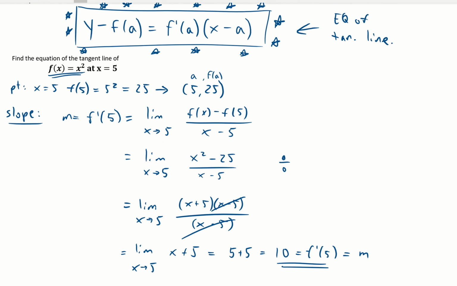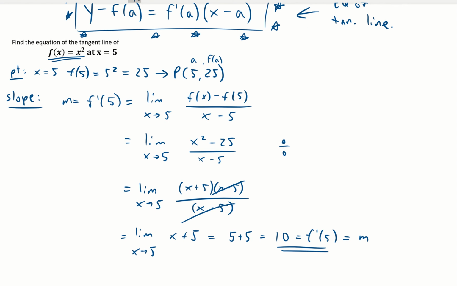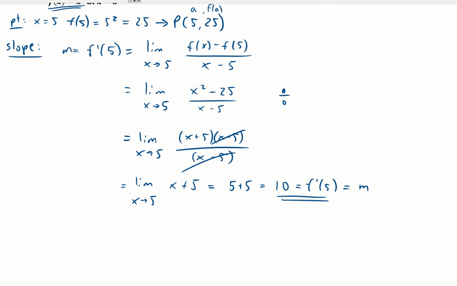We were looking for the equation of the tangent line of f of x equals x squared at x equals 5. What two things do we need to know to write the equation of a tangent line? We need to know the slope and the point. We have a point right here. There's our point P. We have our slope right here. It's 10. Now we can write our equation of the line.